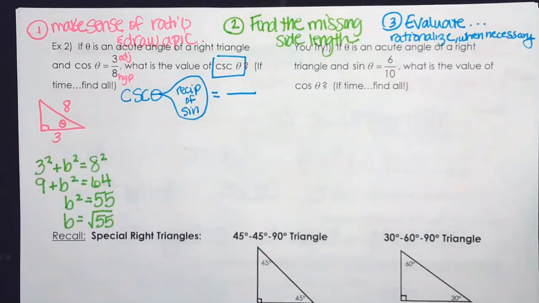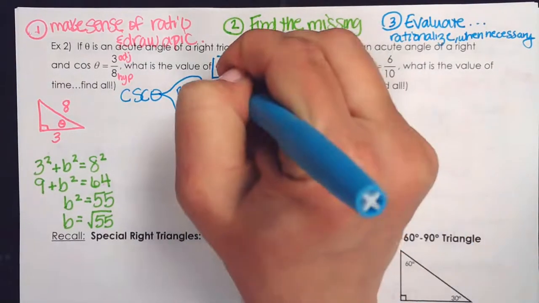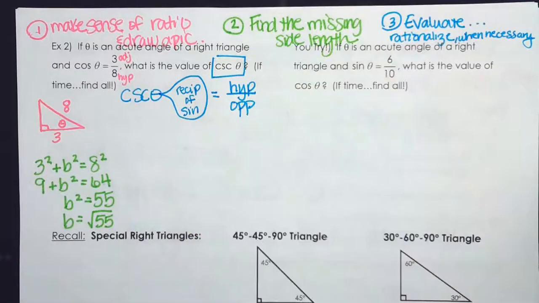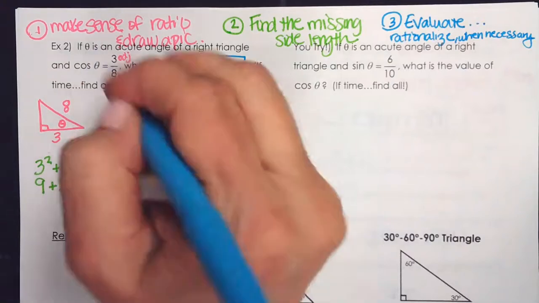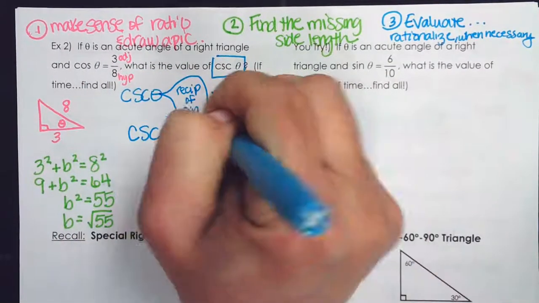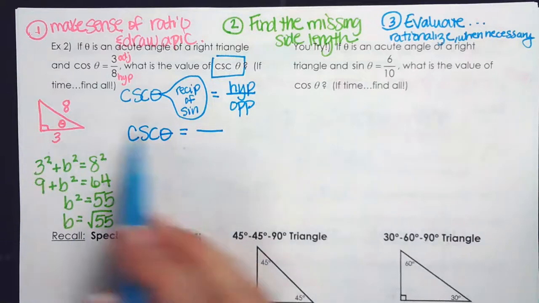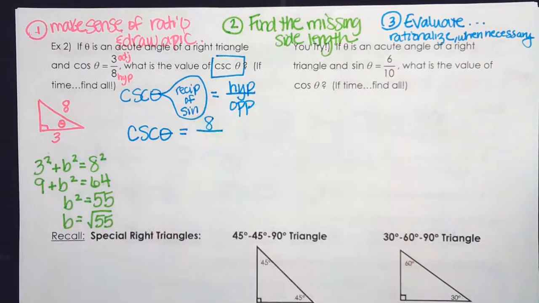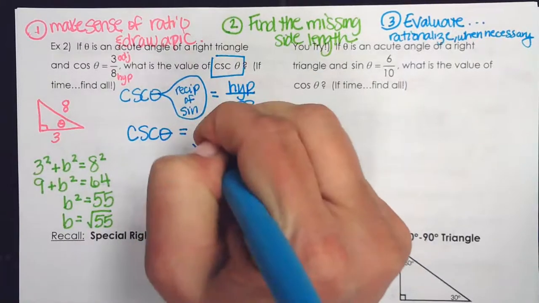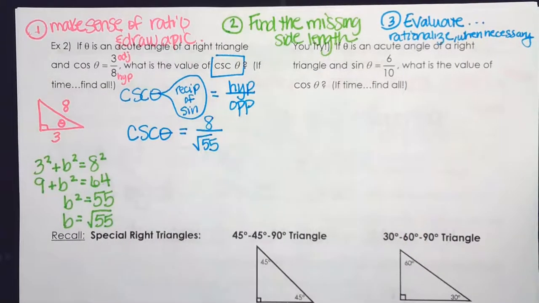So that means that cosecant is hypotenuse over opposite. So let's put those values in. Our hypotenuse in this case is 8, and our opposite is what we found, the square root of 55.